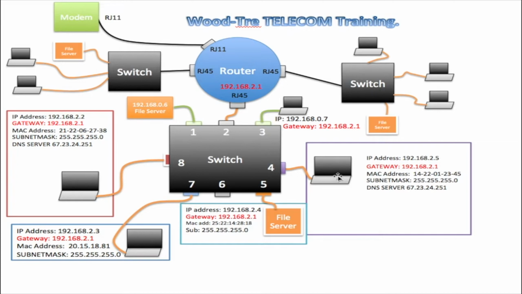Now this computer here would be the only one replying because it has the correct IP address. What this computer would do as a result is send the MAC address over to this computer. Once this computer gets the MAC address, now it can communicate back and forth with this computer. So they both would know each other's MAC address.